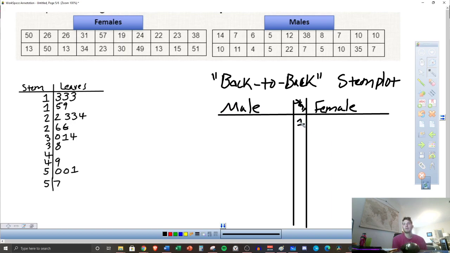And we're basically going to copy the females in here. So go ahead and draw that with me. Let's just copy the females in because we already know how that looks.